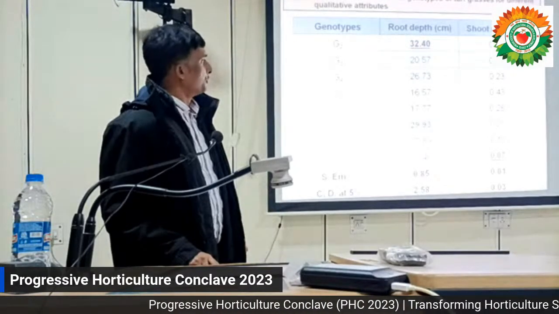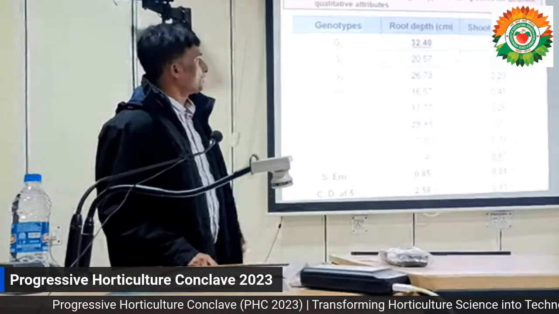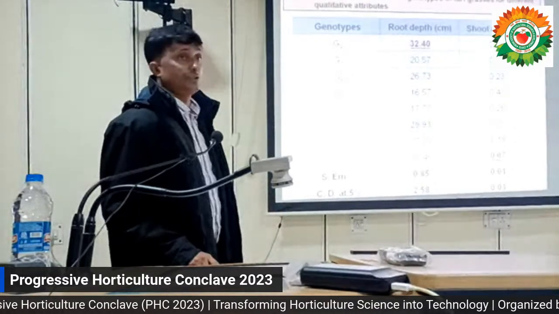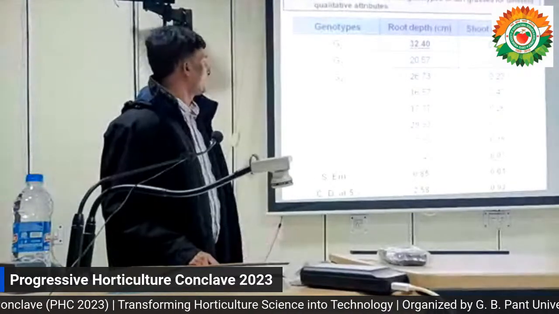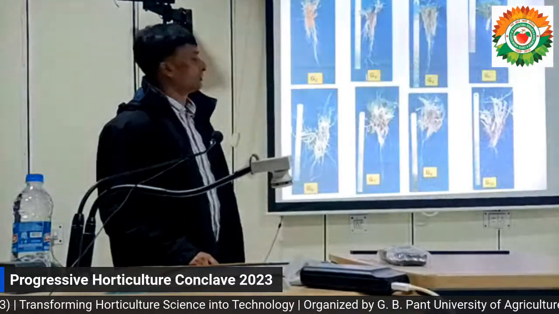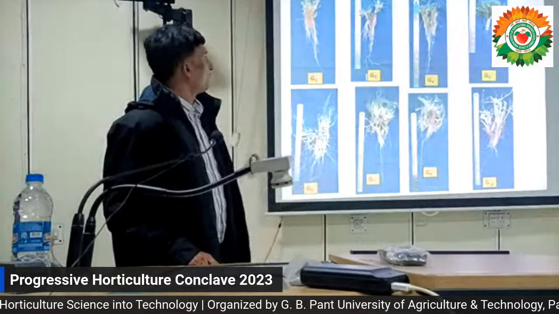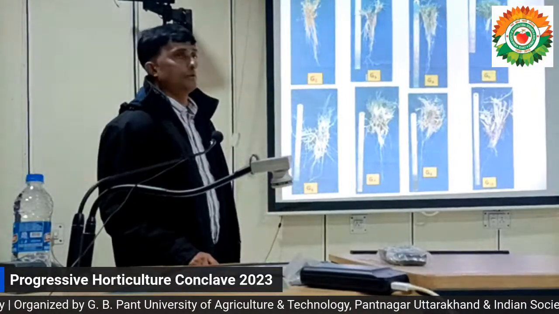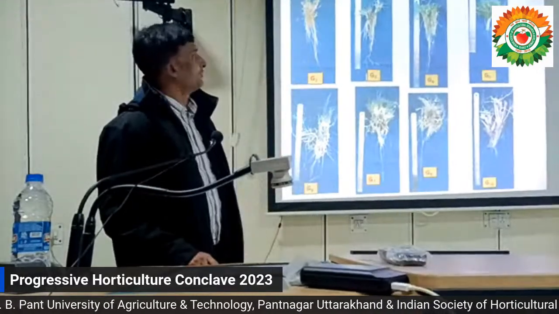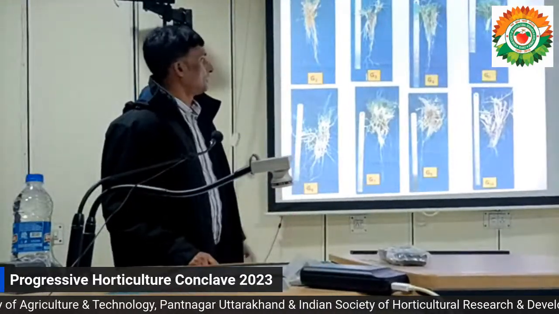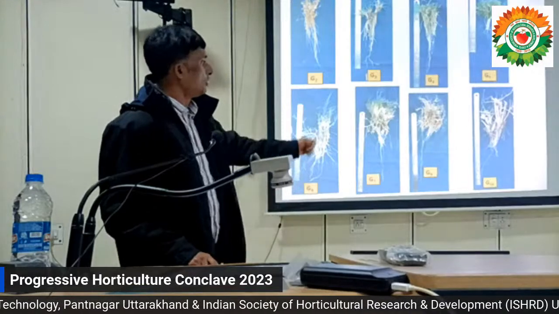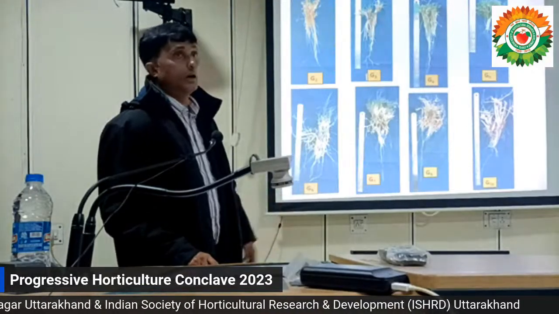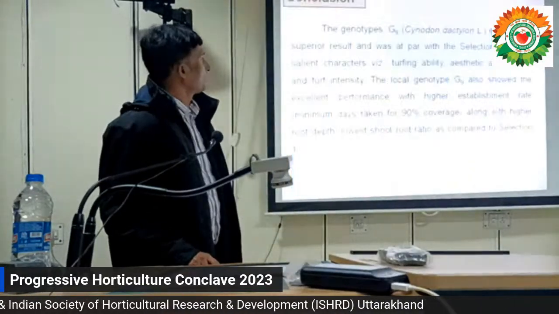In case of shoot root ratio, the lowest shoot root ratio was recorded by G10 turf, which was at par with G9. This picture shows the root depth of different turf grasses. G5 is the selection one, and you can compare it with the root depth of our local turf grasses. Among them, G9 recorded very good root depth.